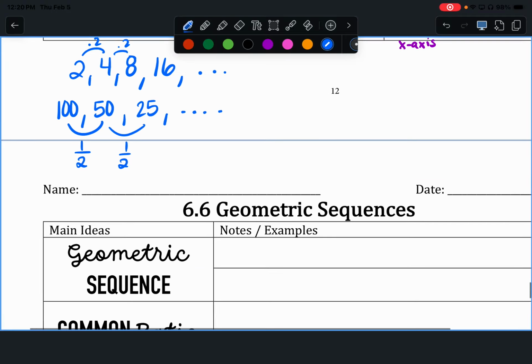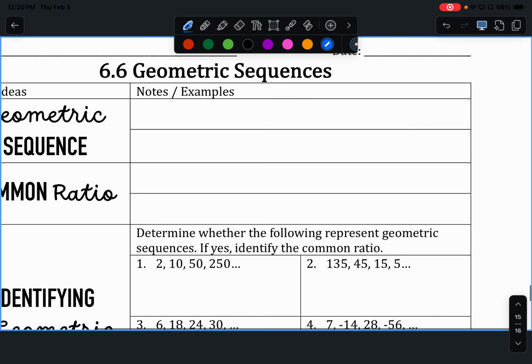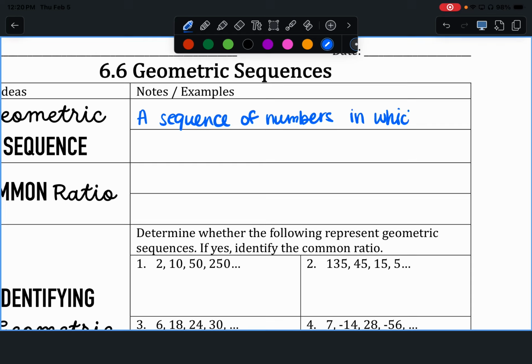So a geometric sequence, okay, is a sequence in which the ratio remains constant throughout the entire sequence. So it is a sequence of numbers in which the ratio remains constant.